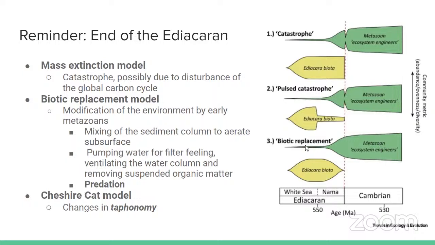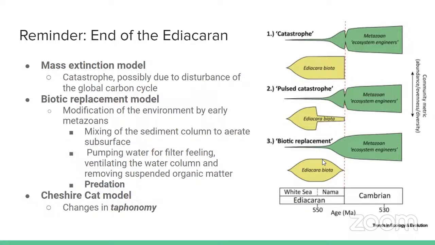So some of that biotic replacement model would have been a changing environment caused by those early metazoans, so caused by our evolution of animals, essentially. So mixing up sediment and aerating that subsurface, essentially the sand at the bottom of the ocean, right?